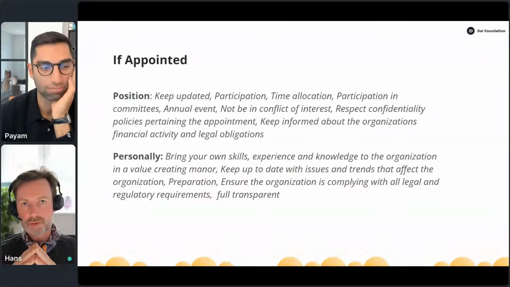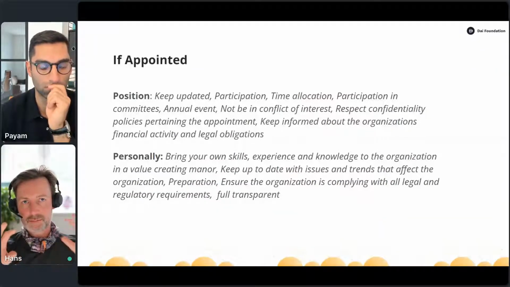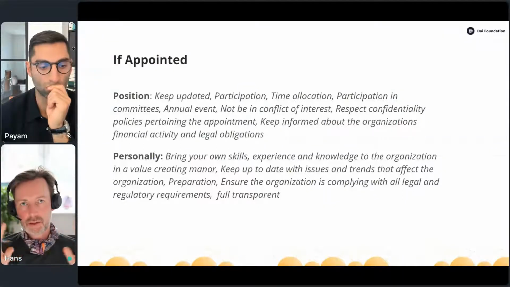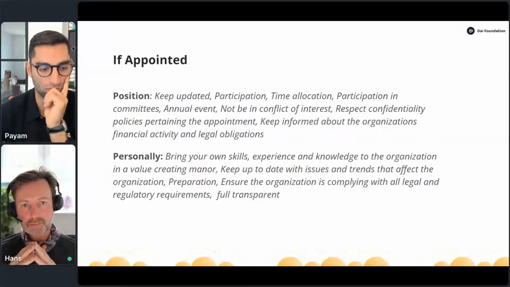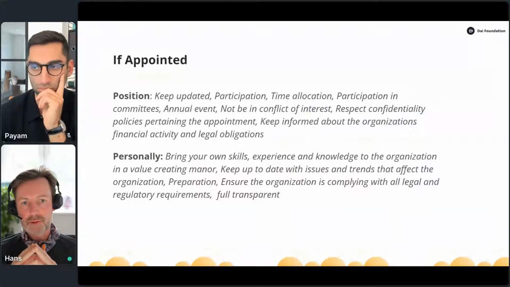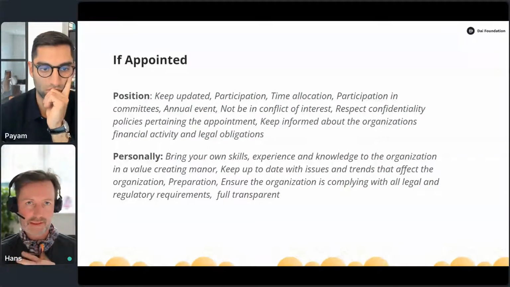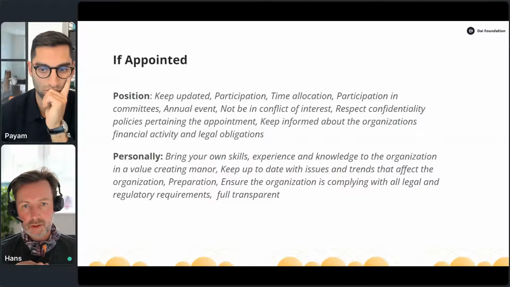And that is Søren's most important role, to actually assemble a board that complements each other and that we have overlapping and individual skills. And therefore, you would also, as an individual, be responsible to bring your skills and experience to the table, and everybody else will rely on you to bring those skills to the table.